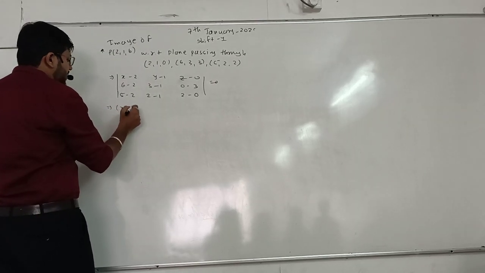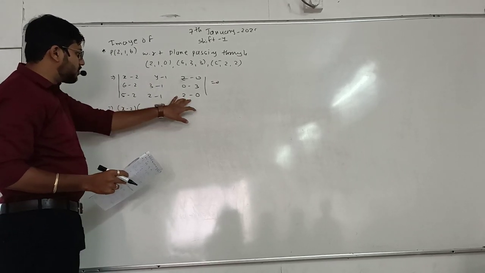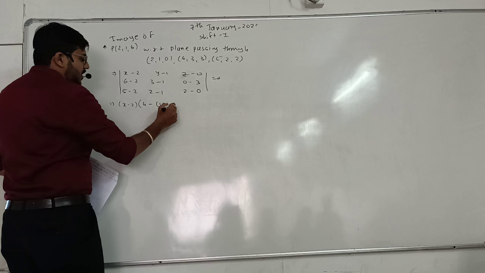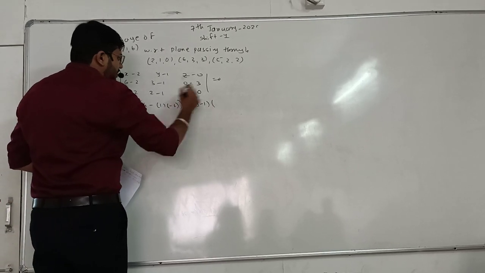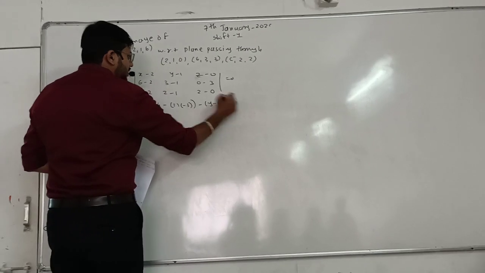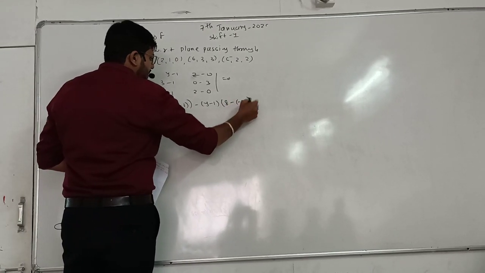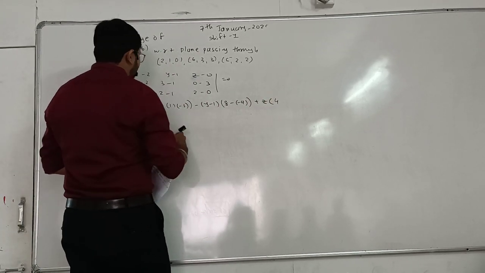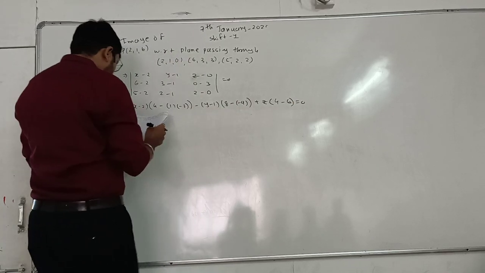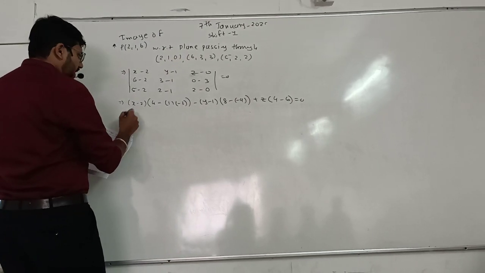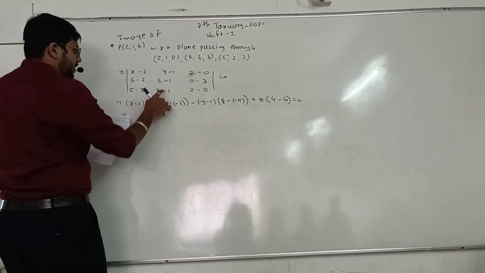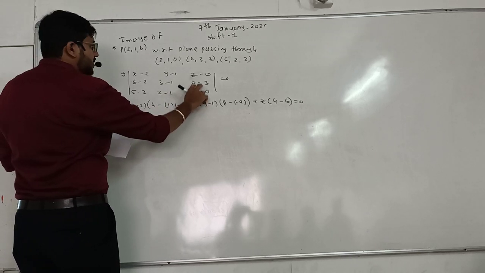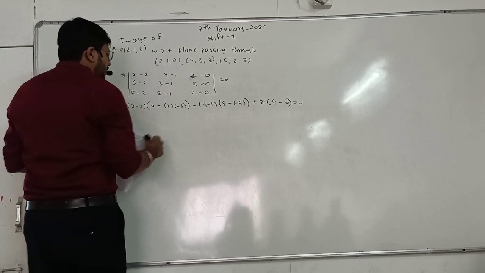So when you solve this, expanding along the first row, x minus 2 times the minor, minus (y minus 1) times its minor, plus (z minus 0) times its minor equals 0. Sorry, it's 3 minus 0. Okay, so here it will be minus.